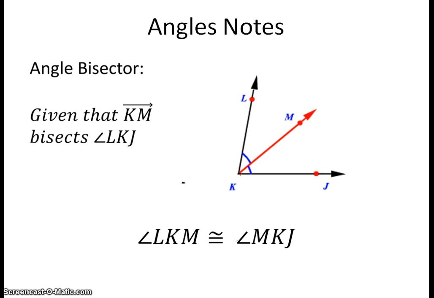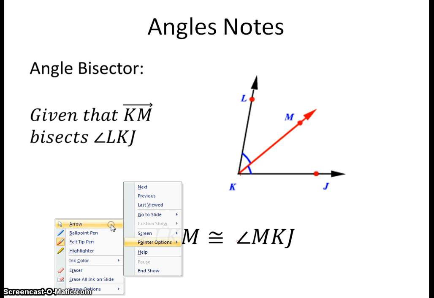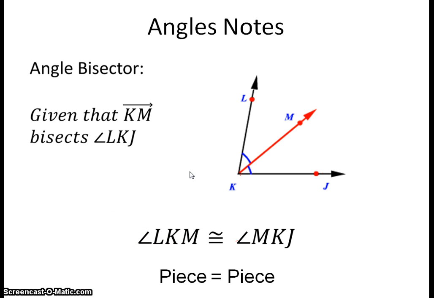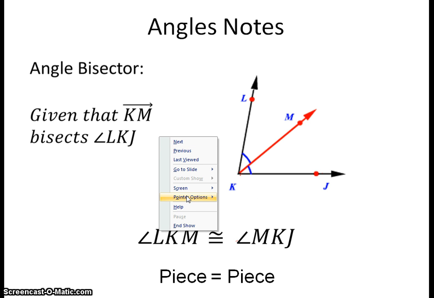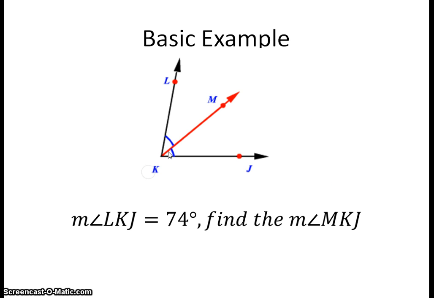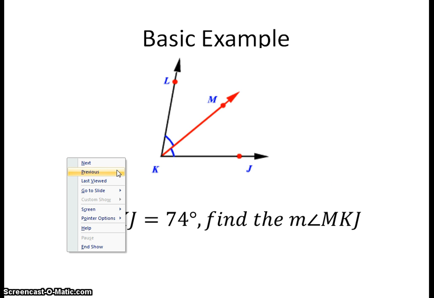And so then you're going to see piece equals piece, which is exactly what we did with segment midpoints yesterday. Now we're going to do a basic example of this.